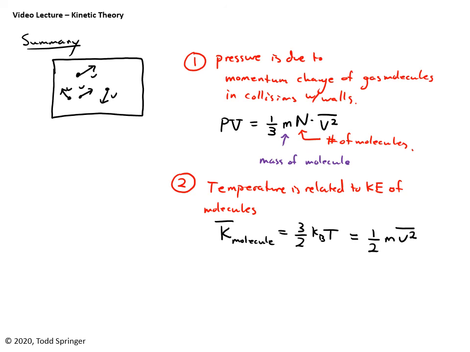So we've succeeded in accomplishing our goals. We created a simple model of an ideal gas, worked out the consequences of that model, and now we have microscopic versions of pressure and temperature as relating to what the molecules are doing on a microscopic level. So now the thing that remains is we have to think about, what does entropy mean on a microscopic level? We haven't yet touched on that concept, and that's where we're going to go next.